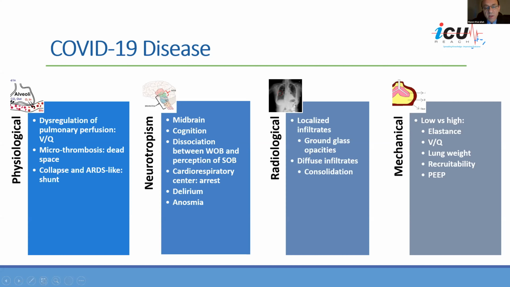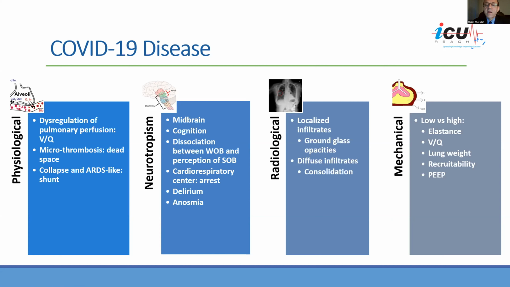Patients are hypoxemic, they have high work of breathing, but they don't feel that. Also, it's been described in some cases with cardiorespiratory arrest, most likely due to direct inhibition of the centers in the midbrain. Higher rate of delirium, and also, as you've seen in the JAMA, anosmia has been described.